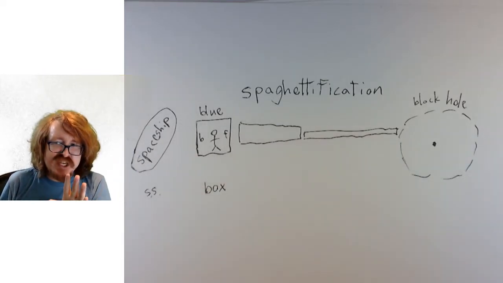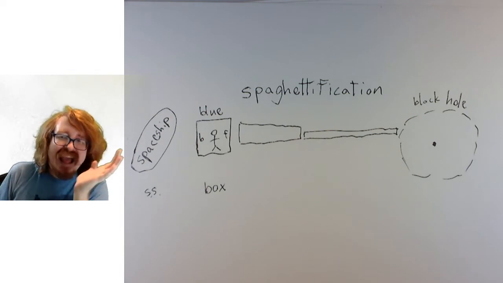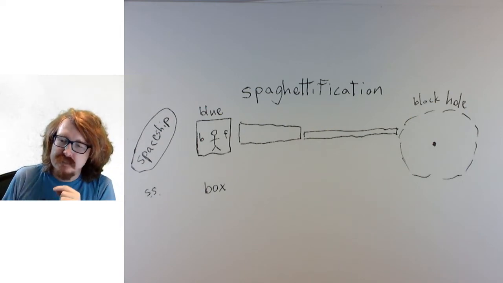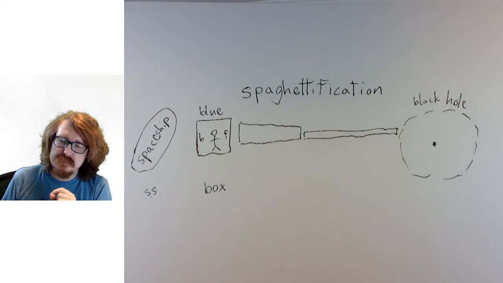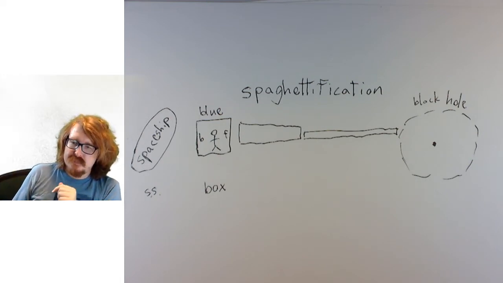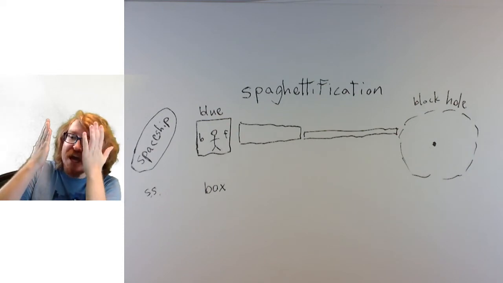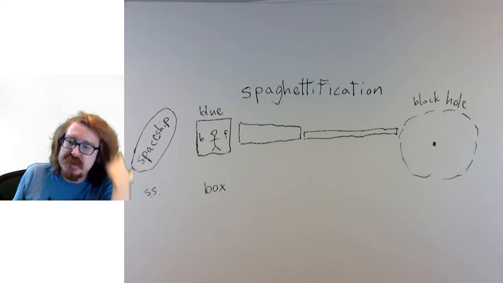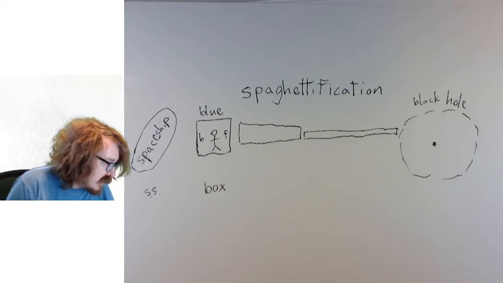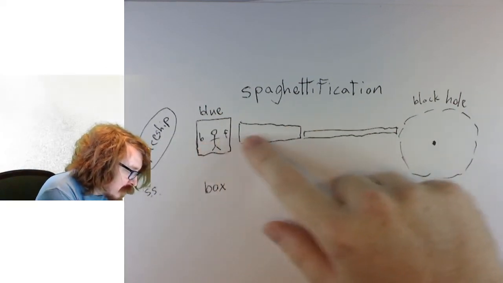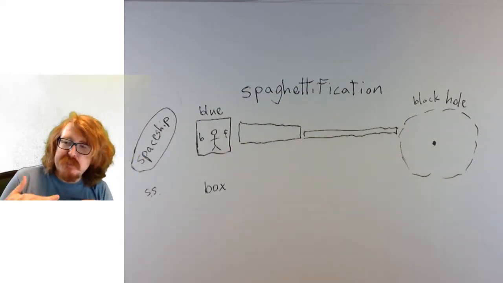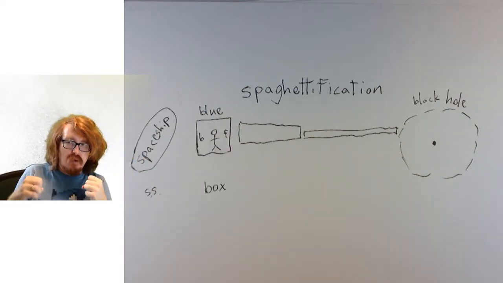Remember, the spaceship has less and less gravity than him. So, yeah, time would look like it's speeding up out there in the spaceship. So that would mean as he falls more and more towards the black hole, the people in the spaceship would speed up more and more and more.